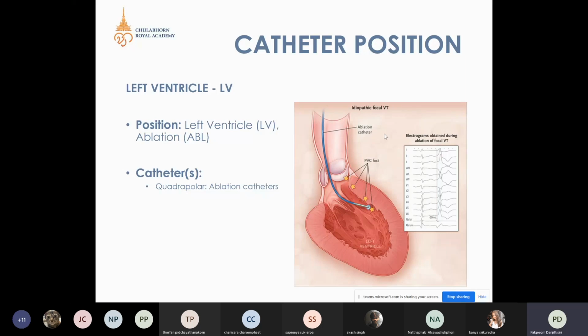The doctor can ablate that accessory pathway by a retrograde approach like this from the femoral artery into the left ventricle, or the doctor can do the transseptal puncture as I described before to approach the left atrium, and then after advancing the ablation catheter into the LA, the doctor can just deflect the ablation catheter onto the mitral valve annulus to find the location of the abnormal pathway.